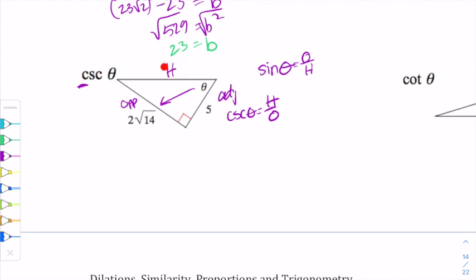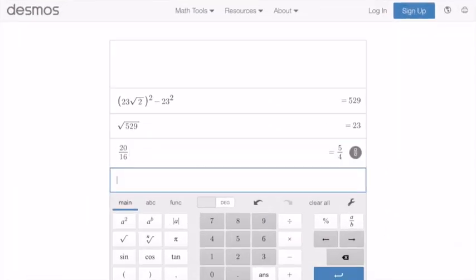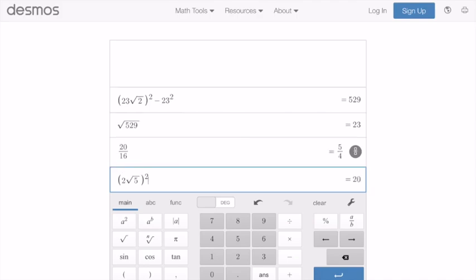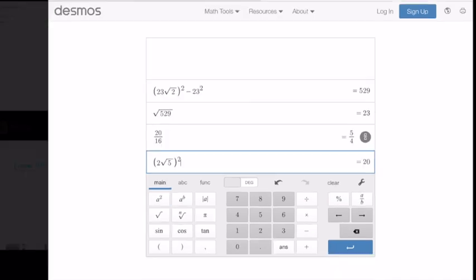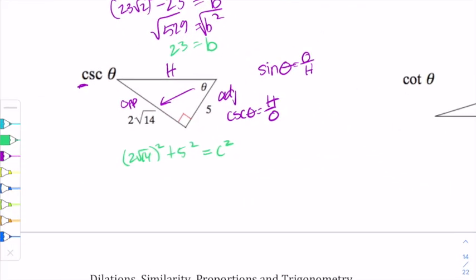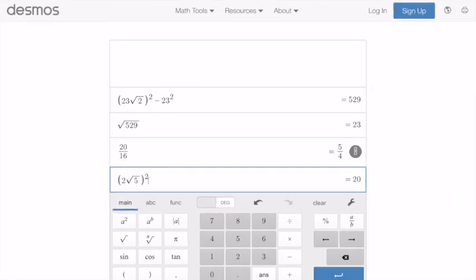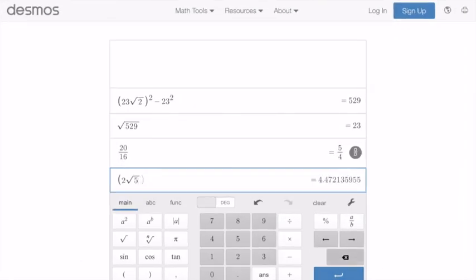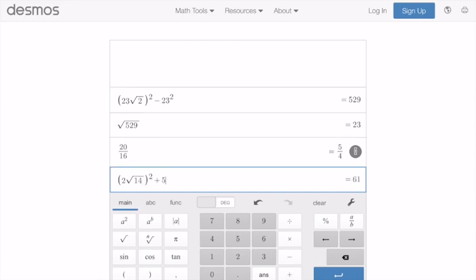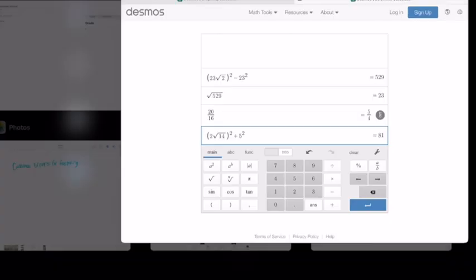So I need the hypotenuse. I don't have it right now, so I have to find it using the Pythagorean theorem. So I'm going to do (2 root 14) squared plus 5 squared equals c squared. So that gives us 81.